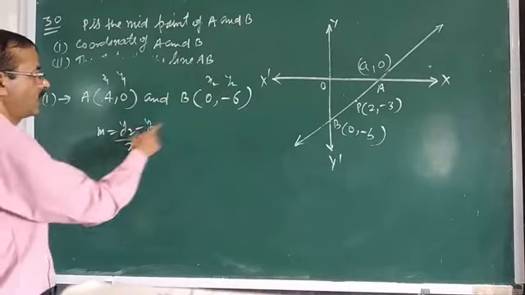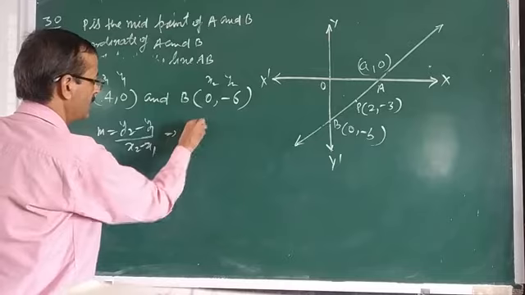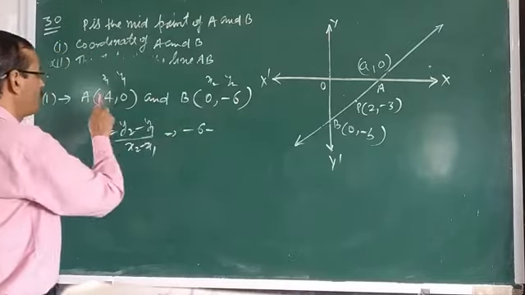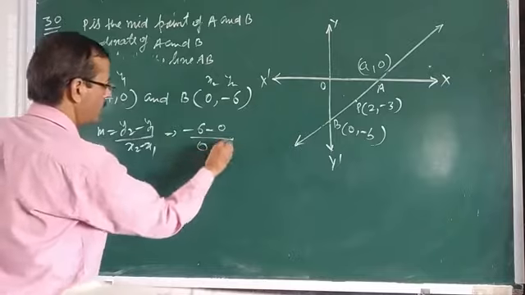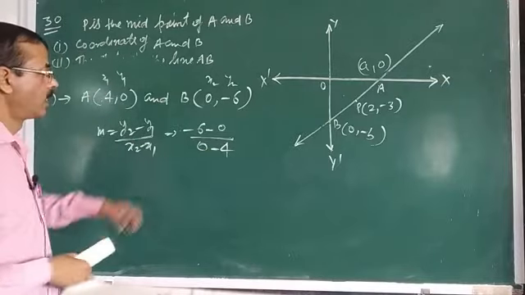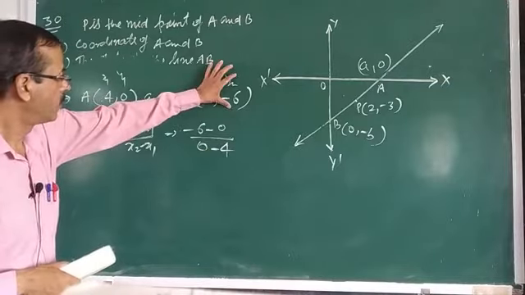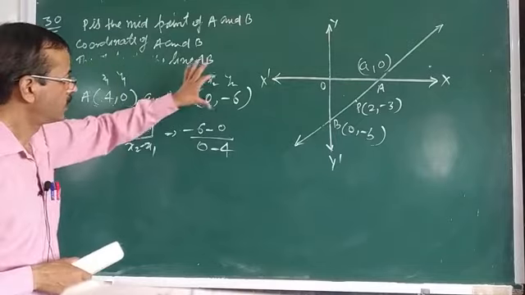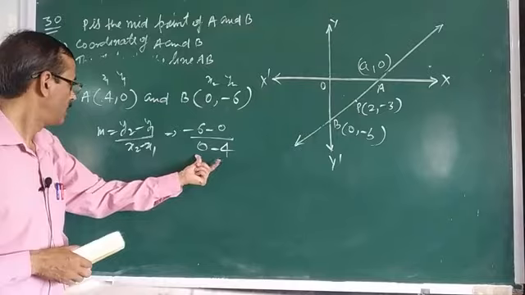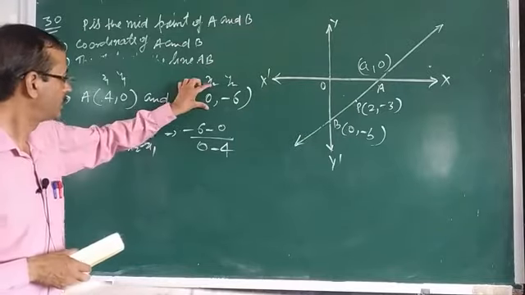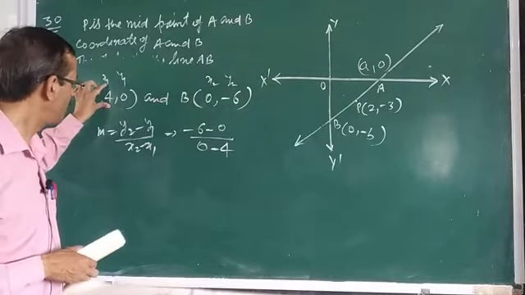So y2 minus y1 is minus 6 minus 0, upon x2 minus x1, which is 0 minus 4.